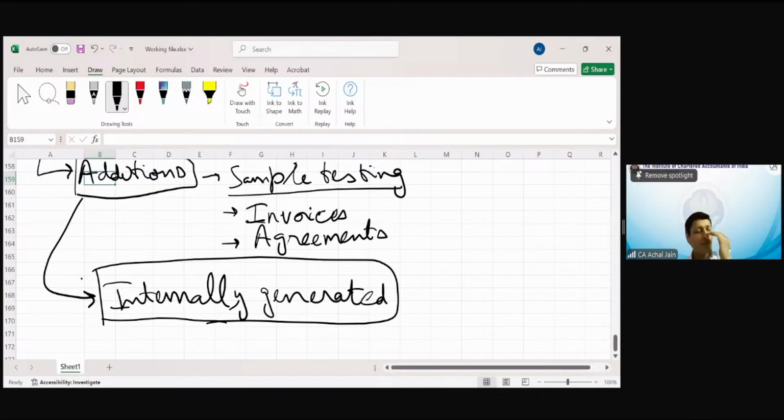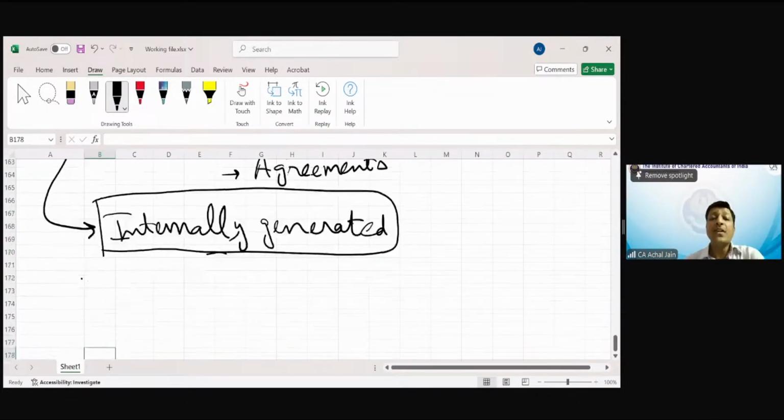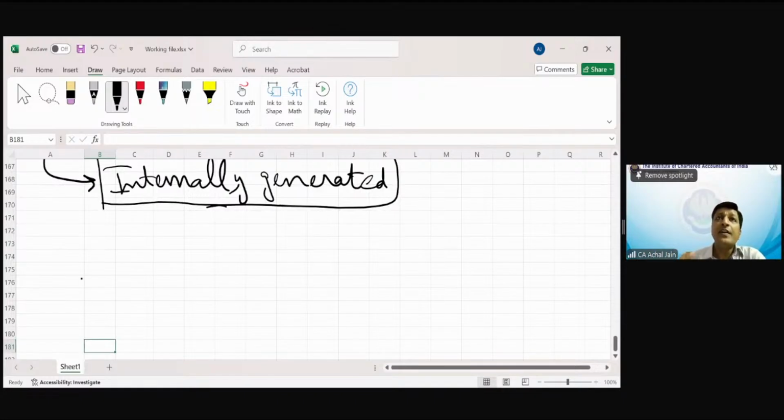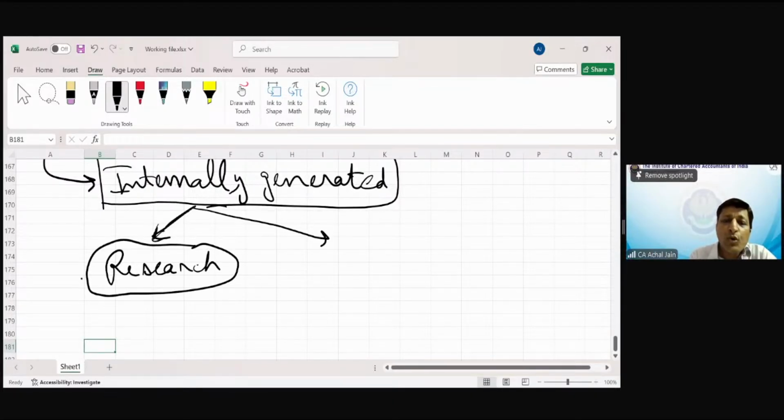This is what the standard requires. But if there is any other internally generated intangible asset, on that part again there is a complex accounting requirement, which has some criteria which require the management to assess, first of all, whether this activity or process which has been going on is in the research phase or the development phase.